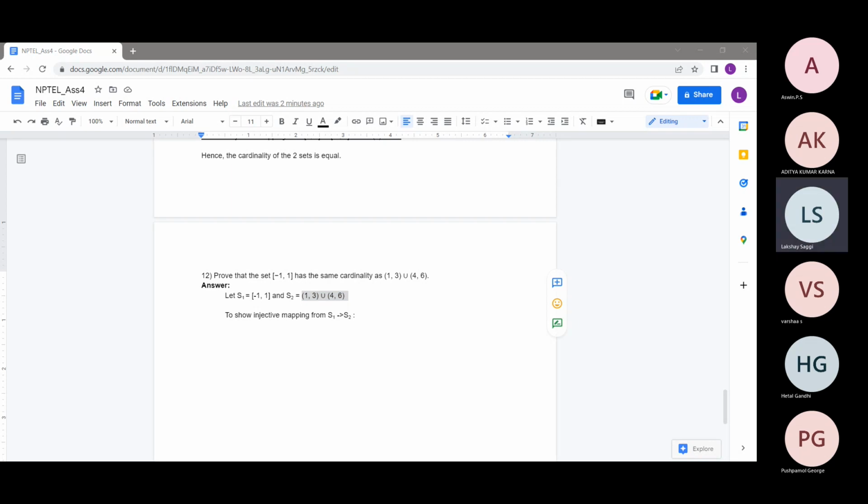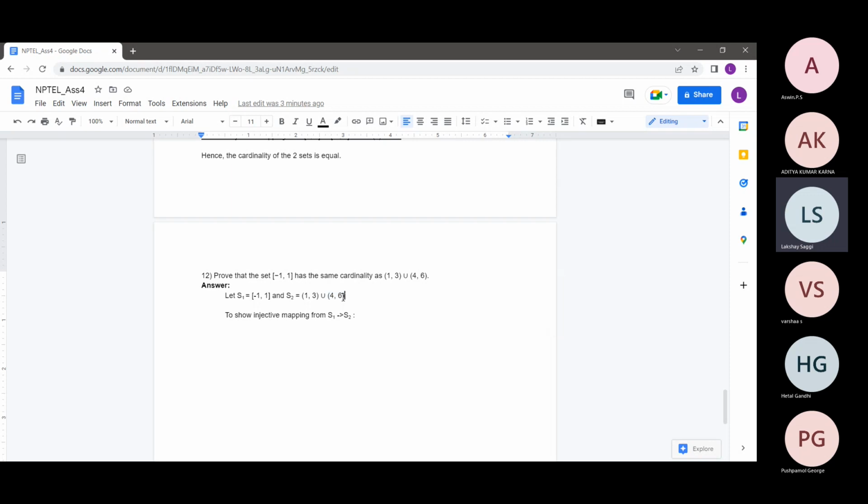So, okay, Hital, what is the meaning of the union symbol in S2? Basically, 1 comma 3 is a set of real numbers greater than 1 and less than 3. And this 4 to 6 is the set of real numbers greater than 4 and less than 6.